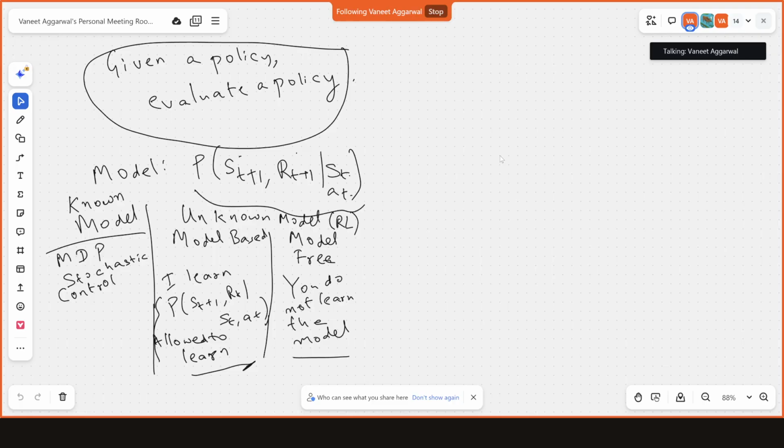So model free, if I don't learn the system and directly learn the policy, then I can basically do it without learning the system. And these model free algorithms have been the key algorithms for reinforcement learning literature. So till 1998, we were at model based versus model free.